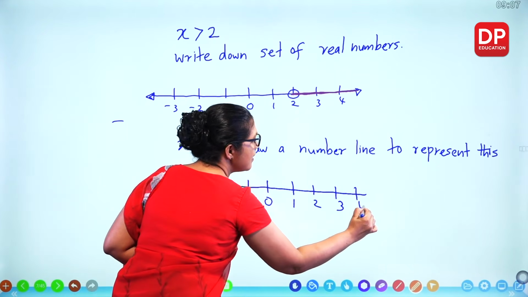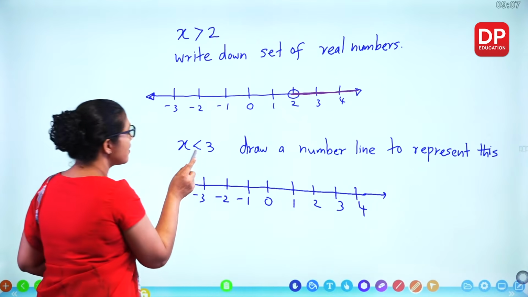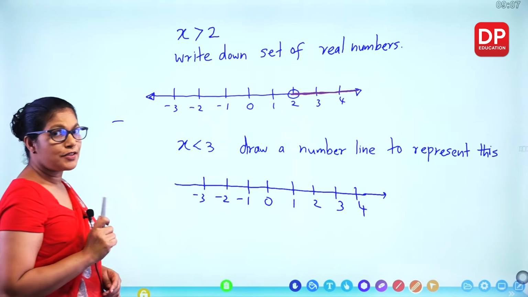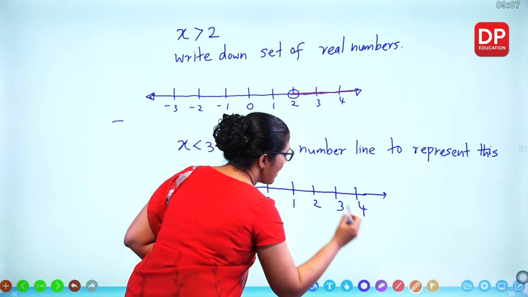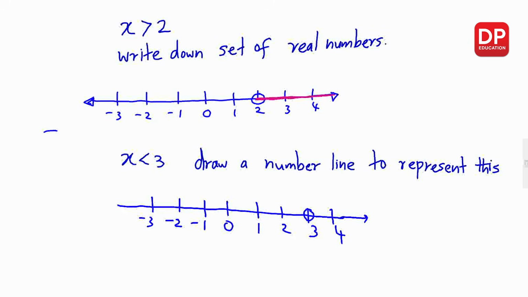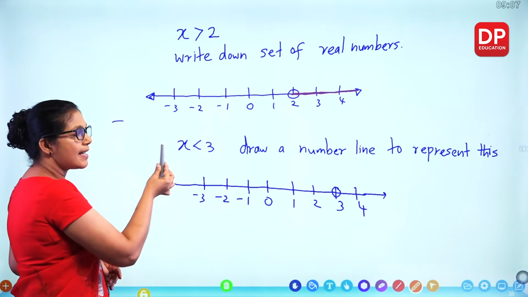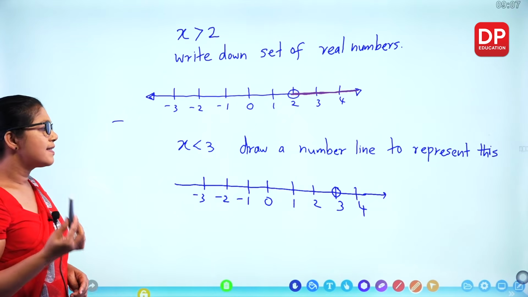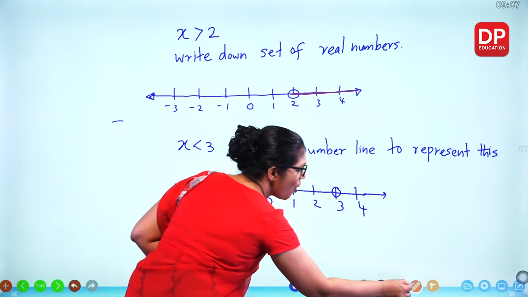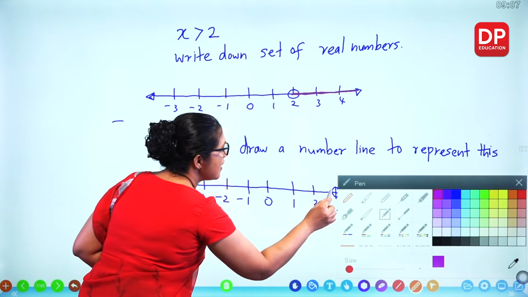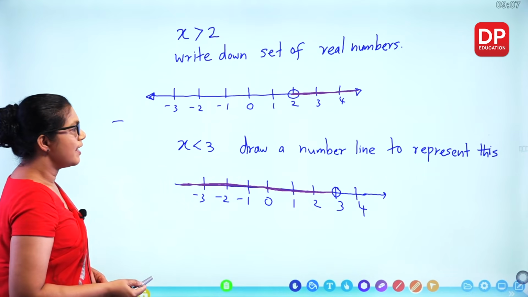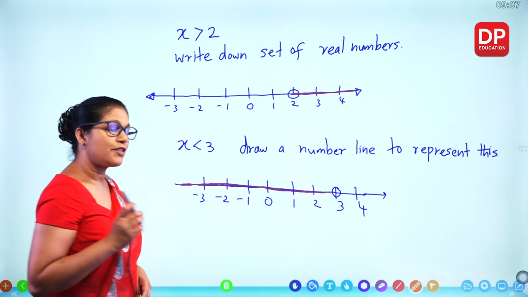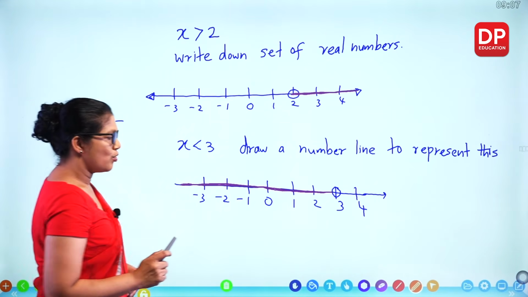And then you can mark 3. How can we mark 3? This is not included, that means an open circle. So I can mark with an open circle, and then the less than side is towards the left side. So I can draw the line to this side. So here, any real value less than 3, but 3 is not included.